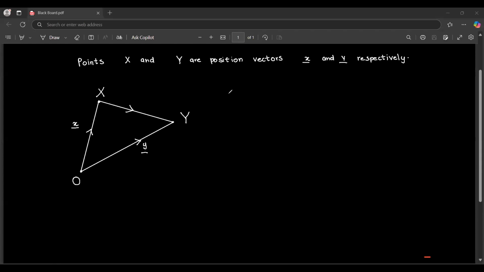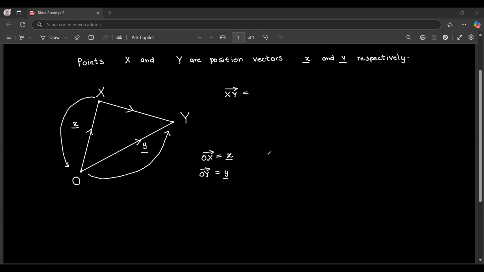To find out XY, we have to go from X to O, then O to Y. That is also addition, just triangle addition of vectors. So X to O. We know OX is equal to x, and similarly OY is equal to y.